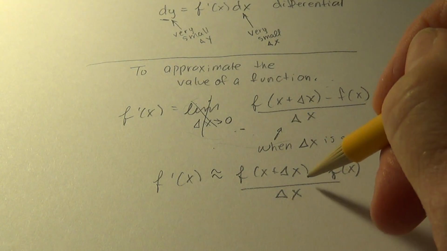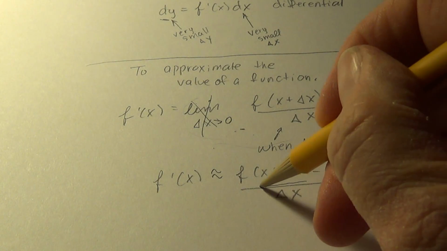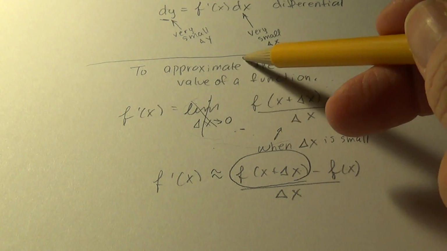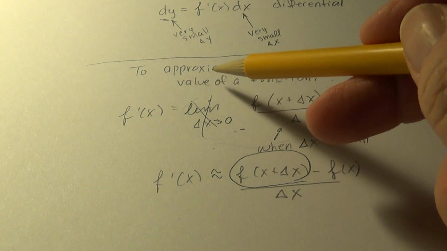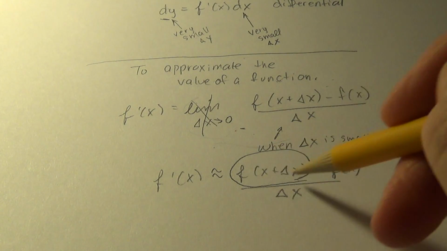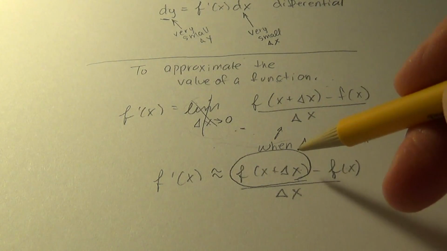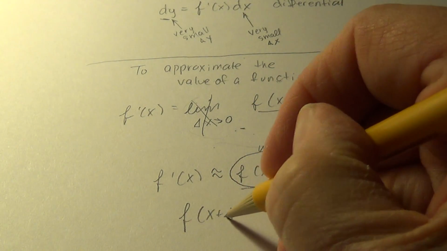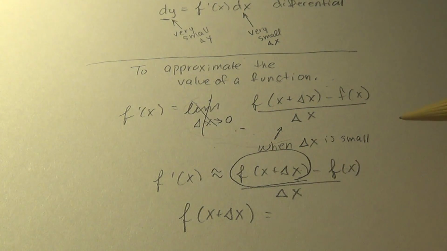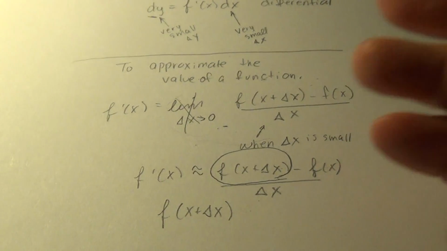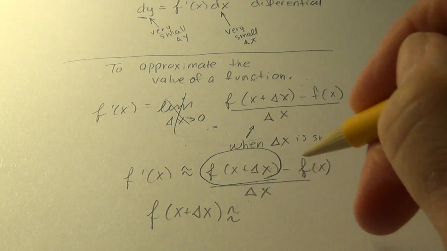So let's solve this for f of x plus change in x, because that's the kind of function I want to approximate the value for. You'll see. So let's go ahead and remove everything and put f of x plus change in x by itself on the left. Again, this is not equals, it's approximating.